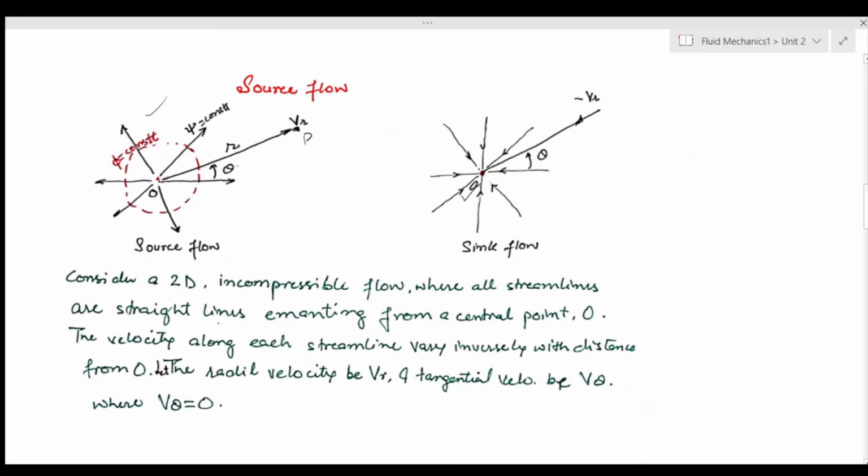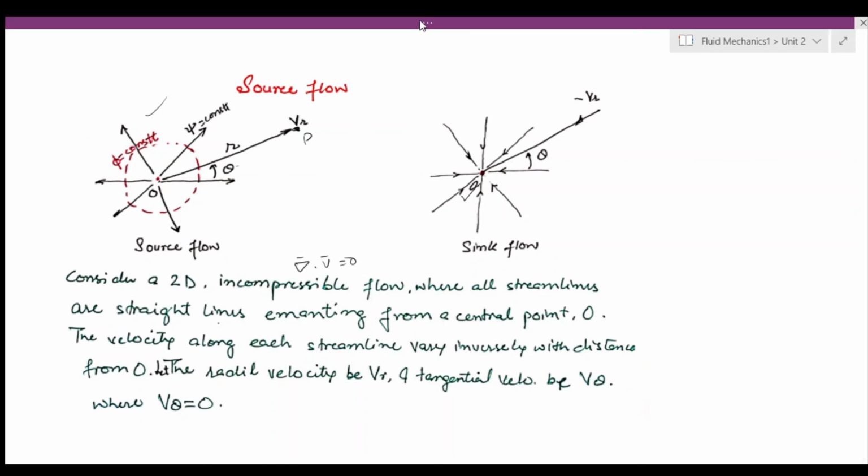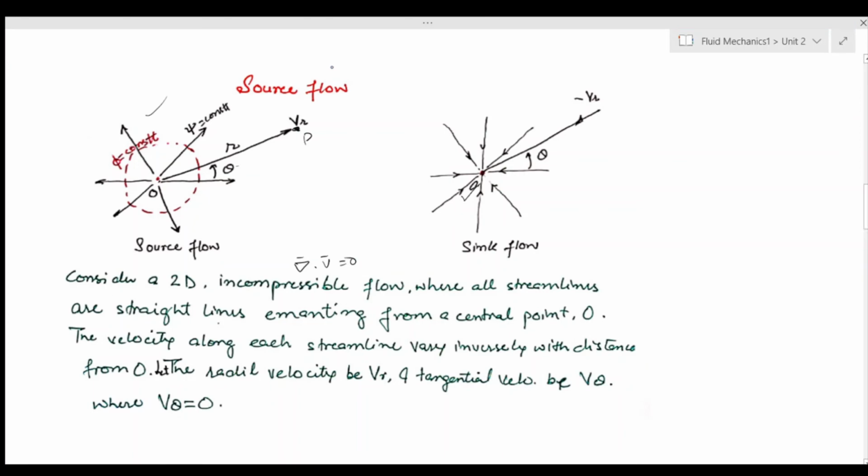Now consider a two-dimensional incompressible flow. Whenever you hear incompressible flow, this should come to your mind: del dot V is 0. So for a 2D incompressible flow where all streamlines are straight lines emanating from a center point O, the velocity along each streamline varies inversely with the distance.